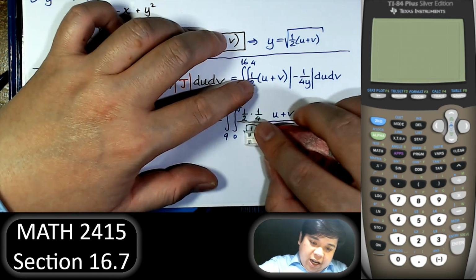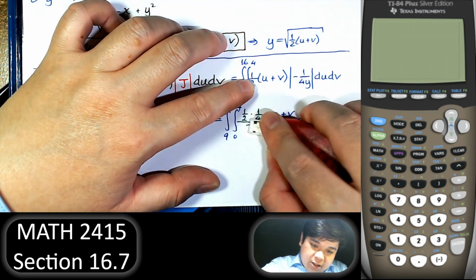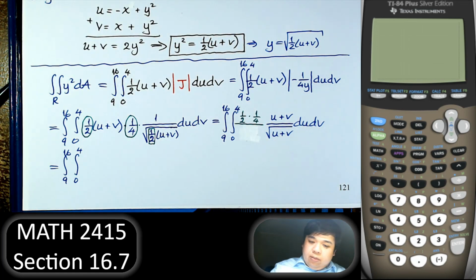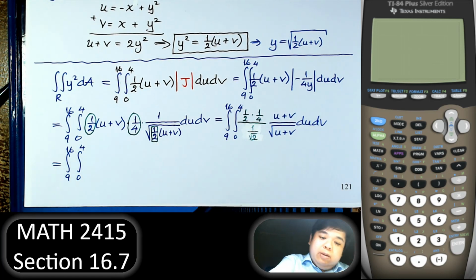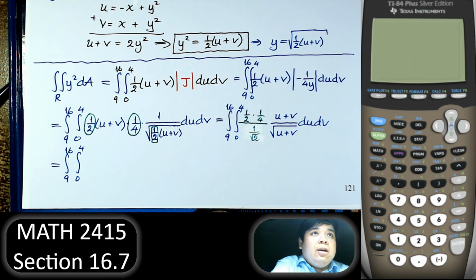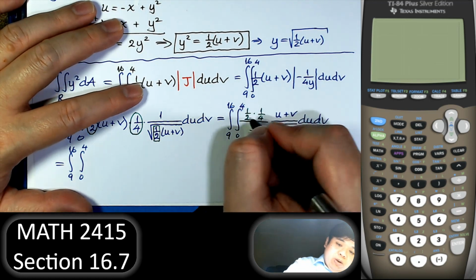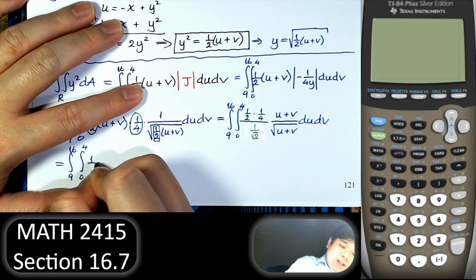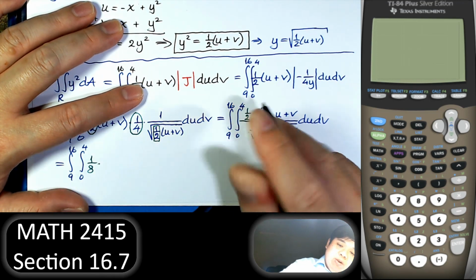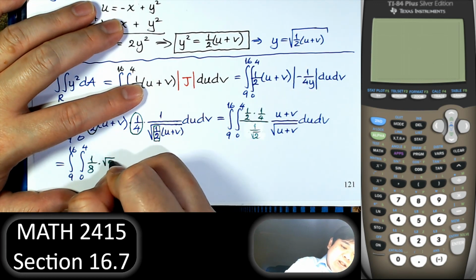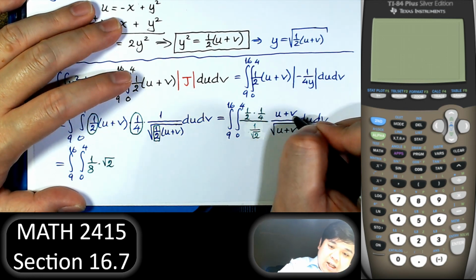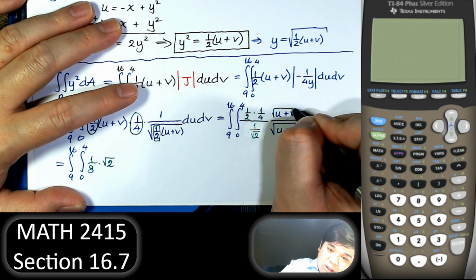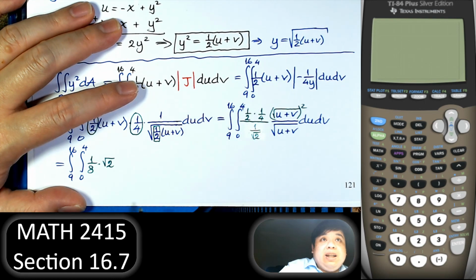Square root of 1/2, can I write this as one over square root of 2. Dividing a fraction is multiplying by the reciprocal, so this was 1/8, multiply by the reciprocal, so we flip this, and the function cancels the square root, so this you can say as square root squared. I get back to u plus v, right?